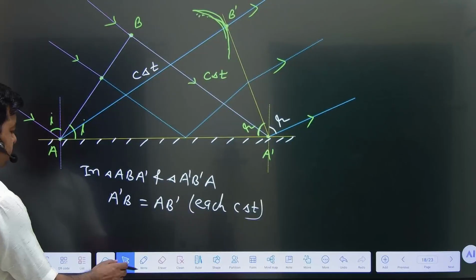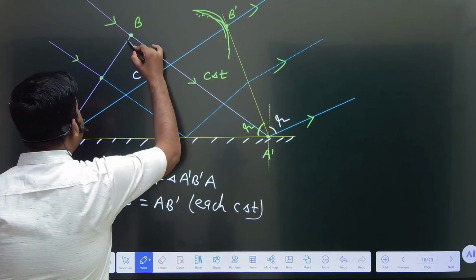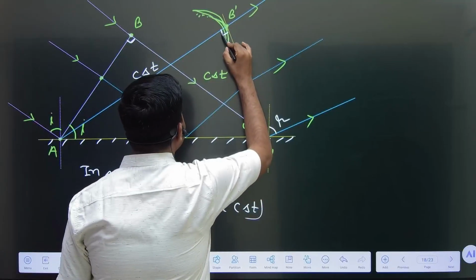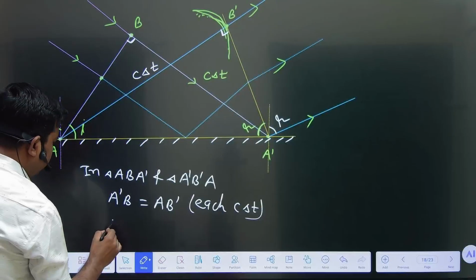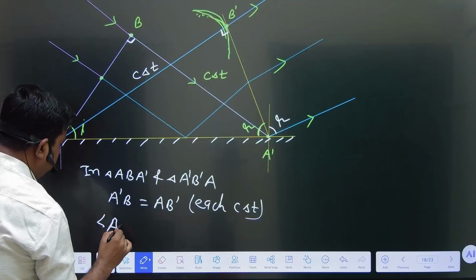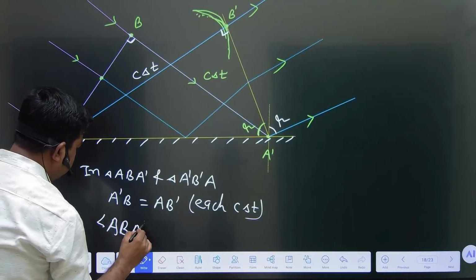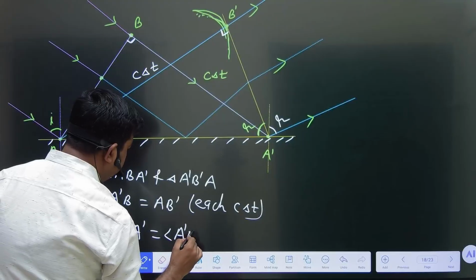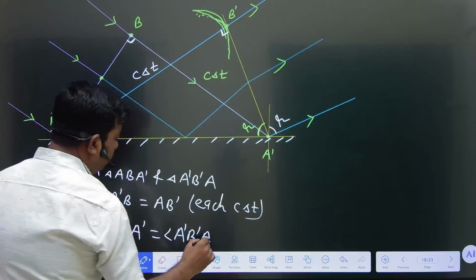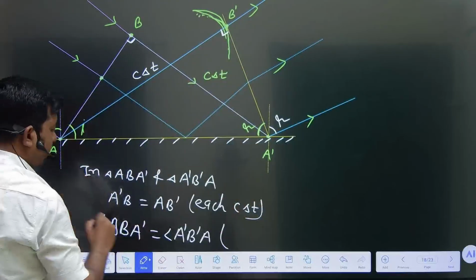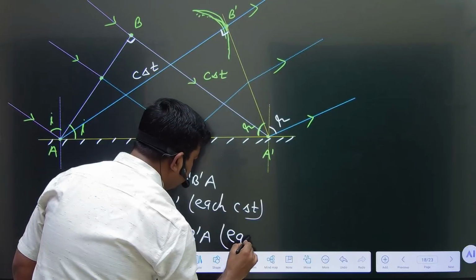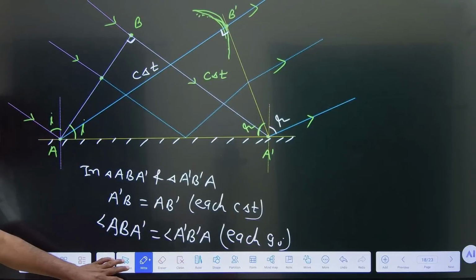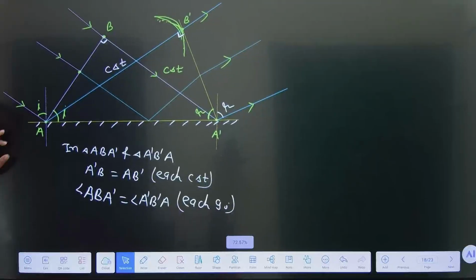Second point: this light ray is perpendicular to the surface of the wavefront, and this is also perpendicular to the surface of the wavefront. So we can say that angle A B A dash equals angle A dash B dash A. Why are these equal? Each is 90 degrees.